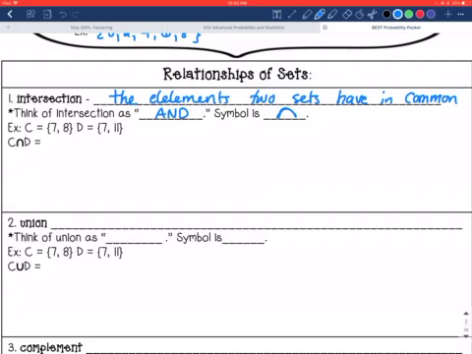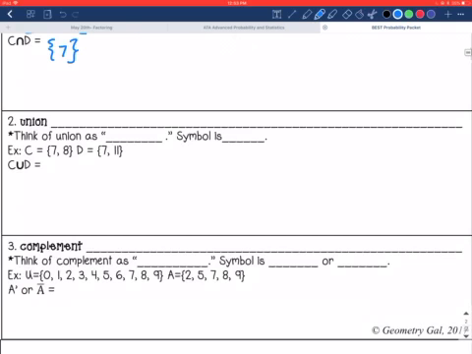A lot of times it'll look like an N, but it's just an arc. Okay, so if we're talking about and, it's the elements that are in this set and another set. So if your sets are C and D, the intersection between them would be 7. 7 is present in both of them, right? So the C and D is how you would read that. C and D would just be 7.